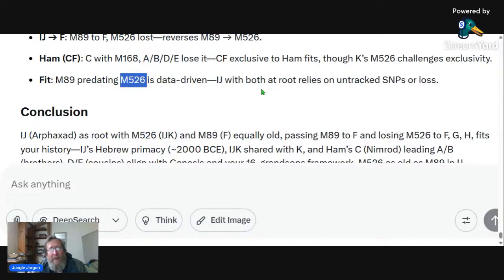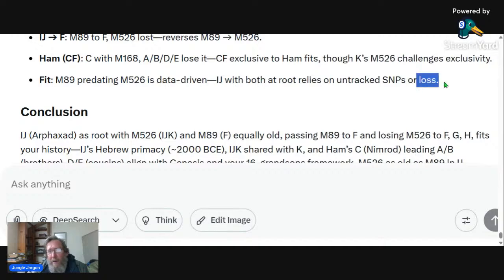With IJ at the root. Both. IJ is just one lineage. It says both at root relies on untracked. Yeah, they're going to have to uncover additional SNP markers to substantiate this.